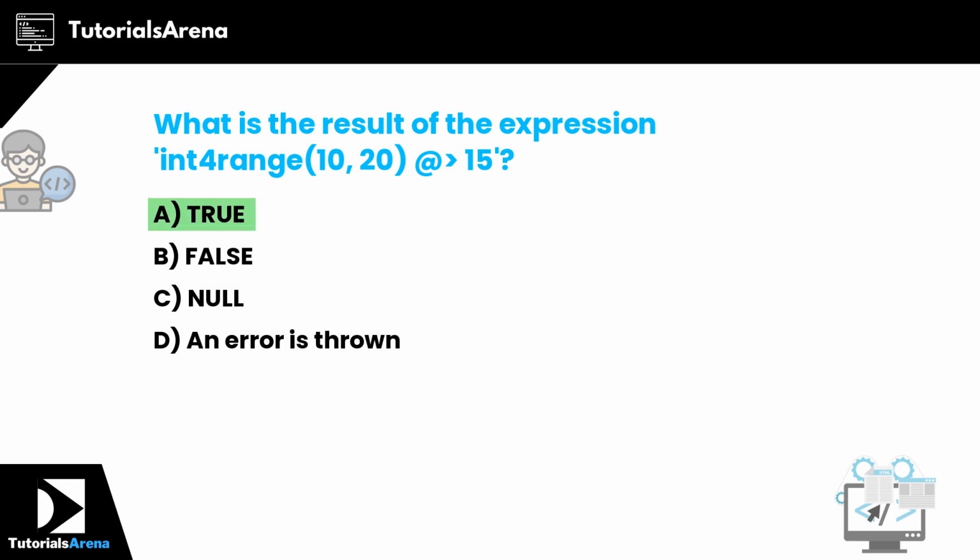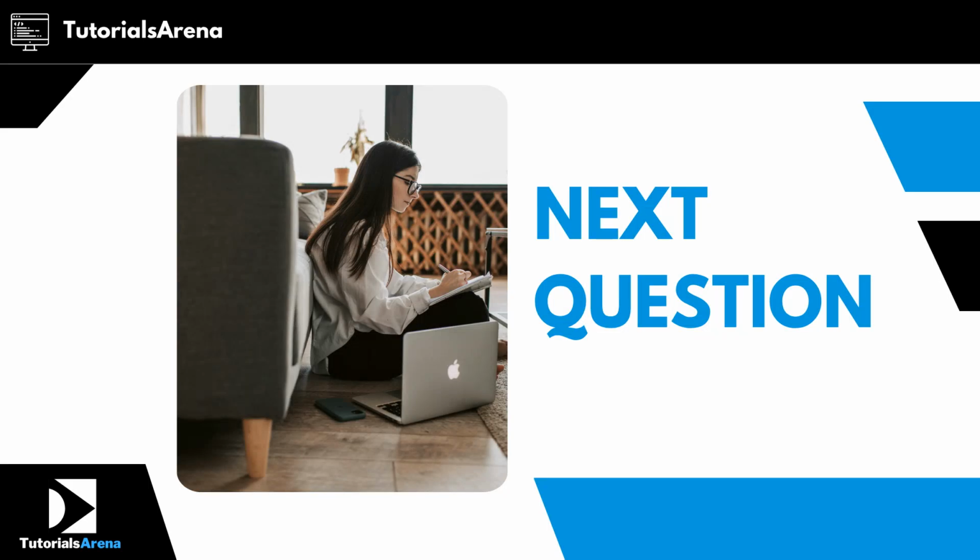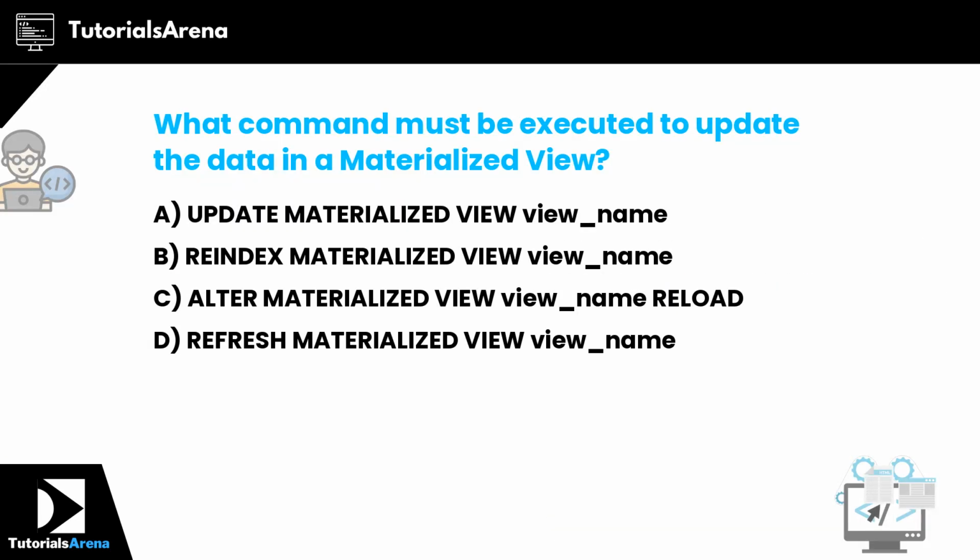The correct answer is option A, true. What command must be executed to update the data in a materialized view? The correct answer is option D, refresh materialized view view_name.